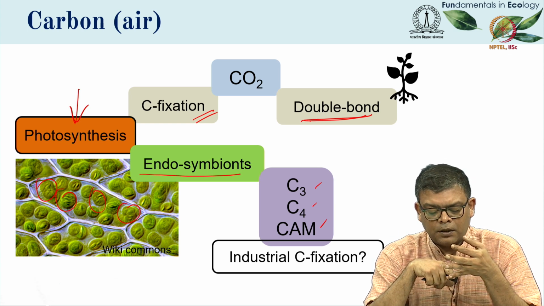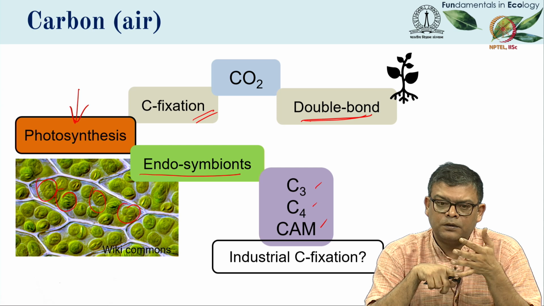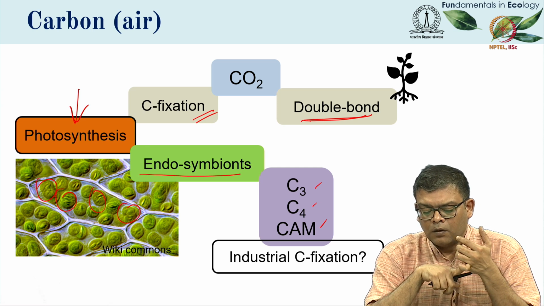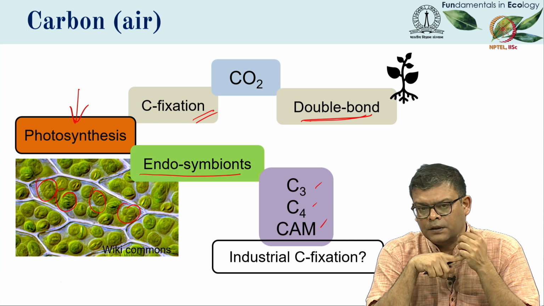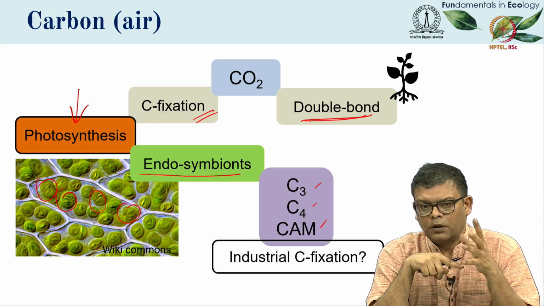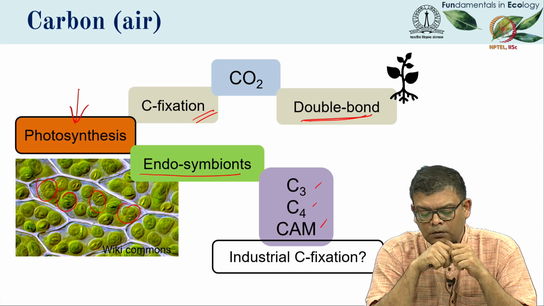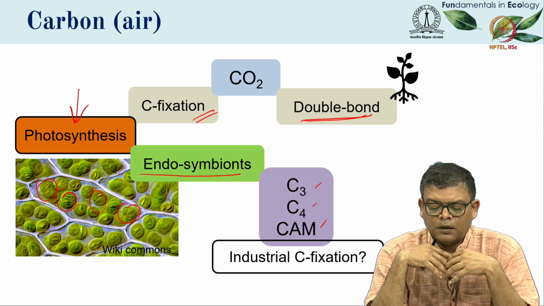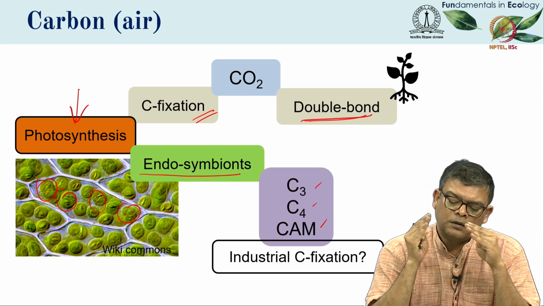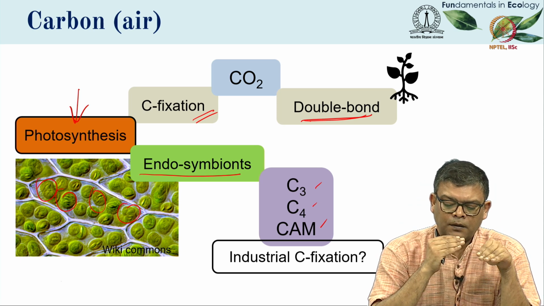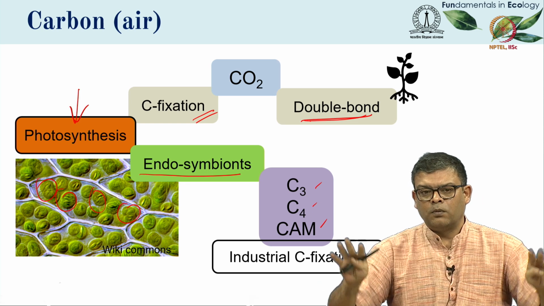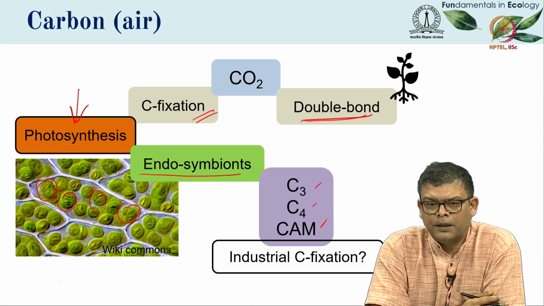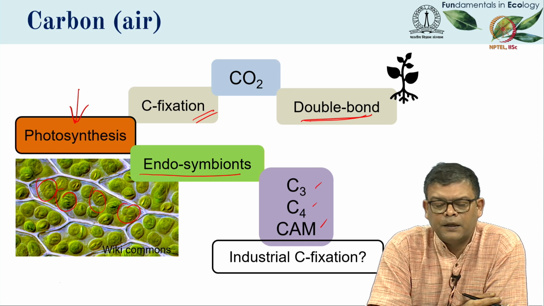A byproduct or a side advantage of C4 photosynthesis was that it also makes the plant more efficient in terms of using water. So water use efficiency also goes up. So C4 plants did very well in geologic times when CO2 level was low, and they also spread into the areas of the globe where water is not available in high quantities, so drier regions.